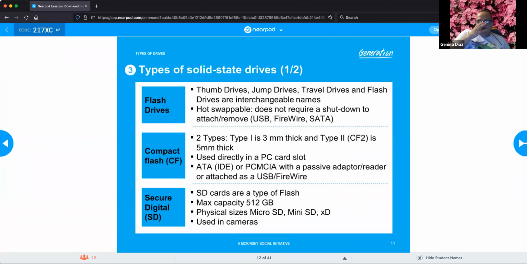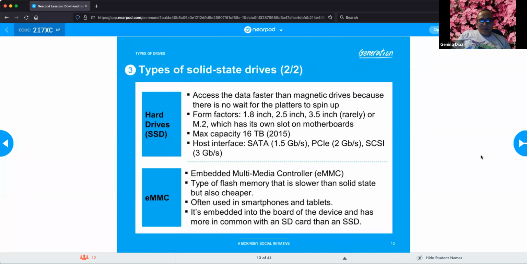Which sucks, because if that stops working, you can't even use it. Yep. But typically the lifespan of the drives most often is longer than the lifespan of the phone.